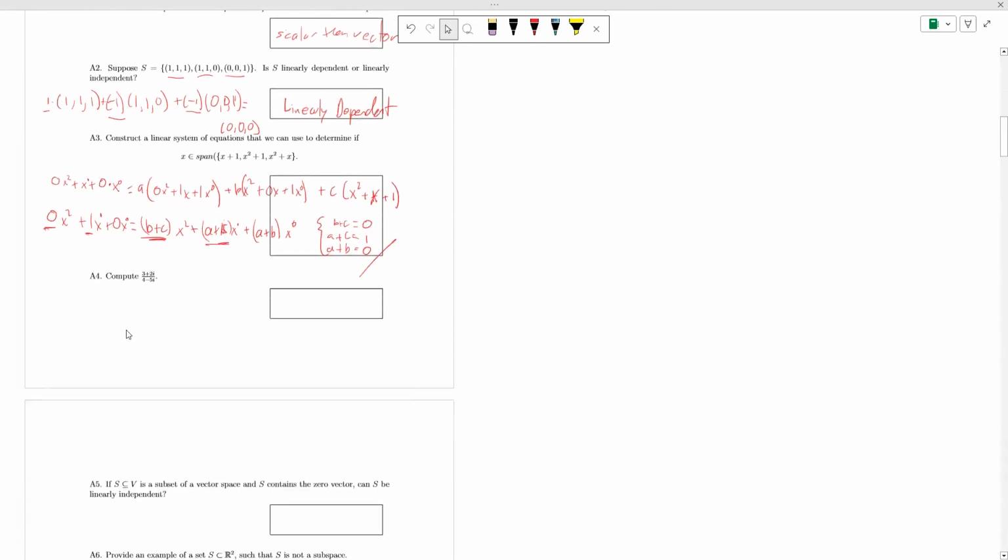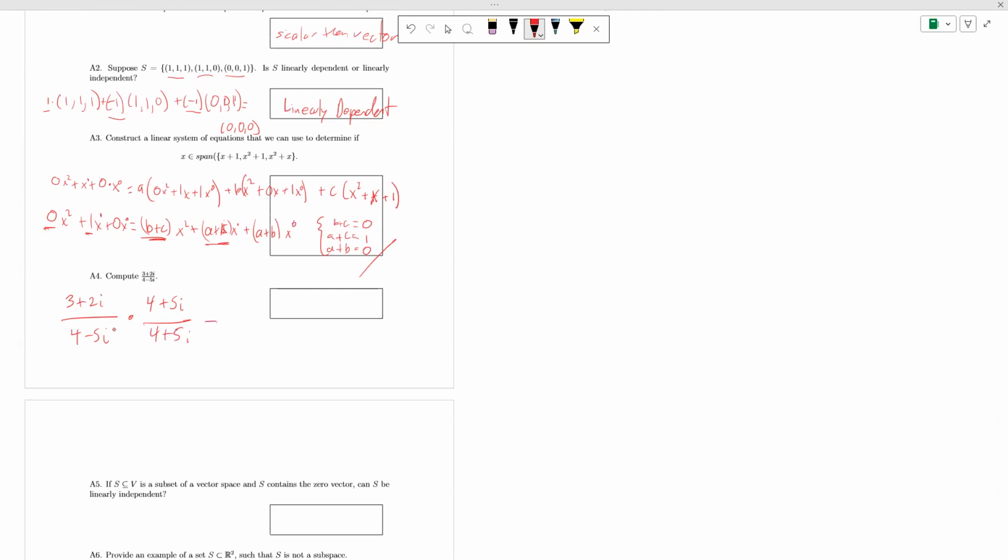Next, we're going to be computing a division of complex numbers. So remember that the division 2i divided by 4 minus 5i, we multiply by the complex conjugate of the denominator. So we're multiplying by 4 plus 5i over 4 plus 5i.